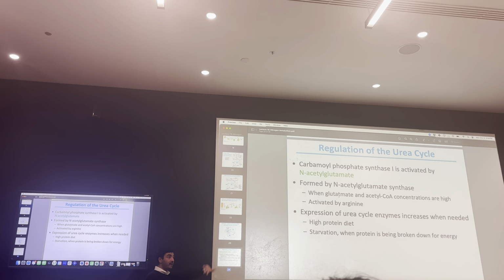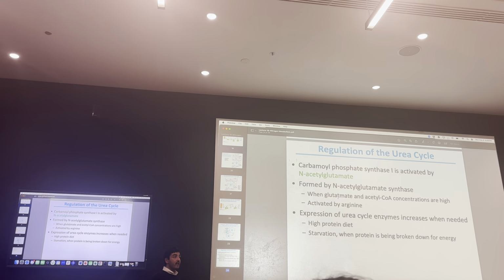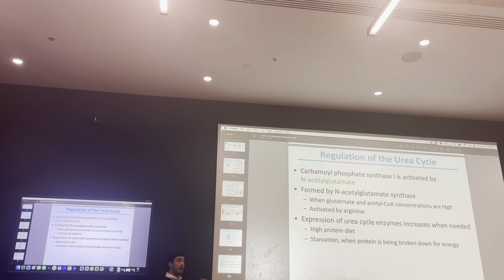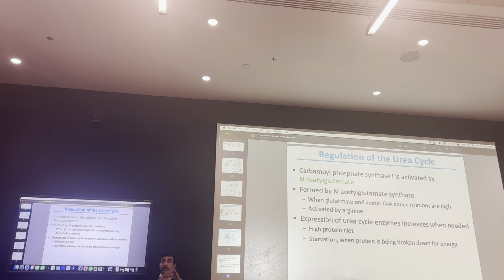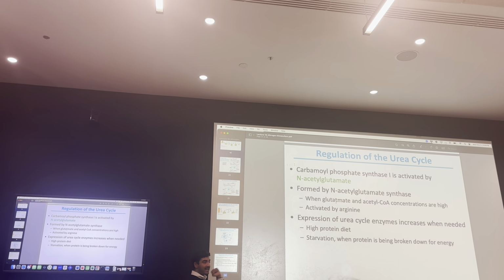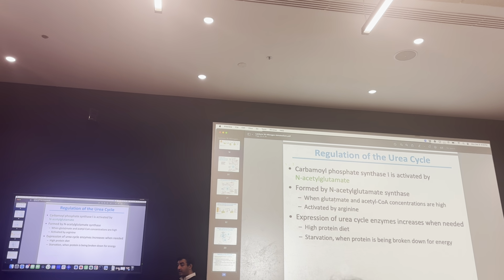So it's regulated by a different molecule. The formation of that molecule is in and of itself a regulated process. So how is this N-acetylglutamate actually regulated?